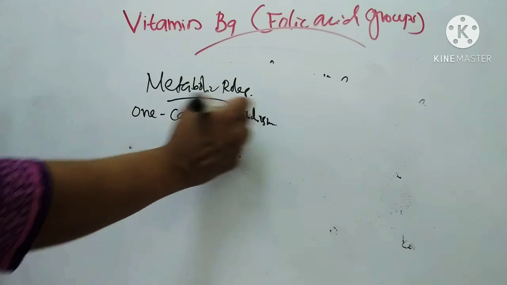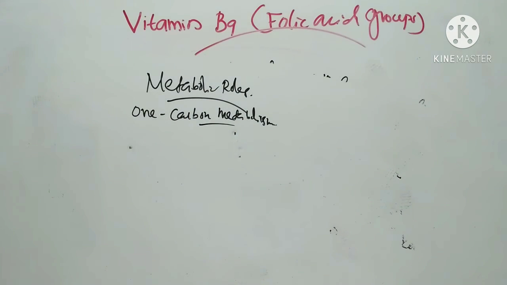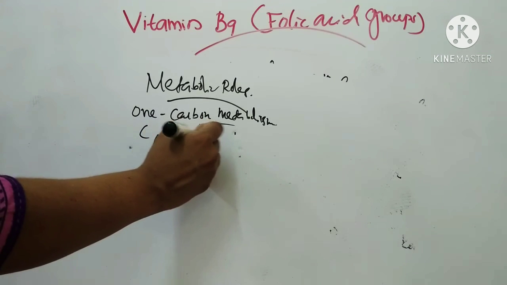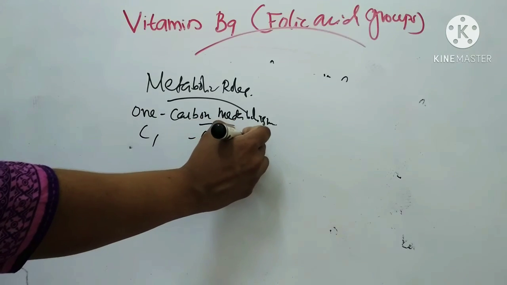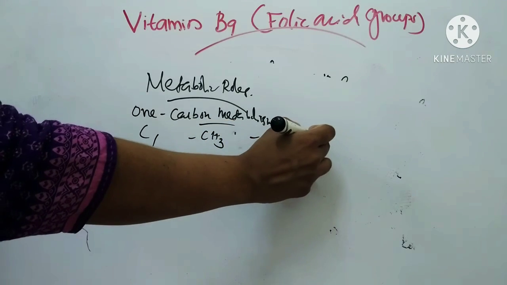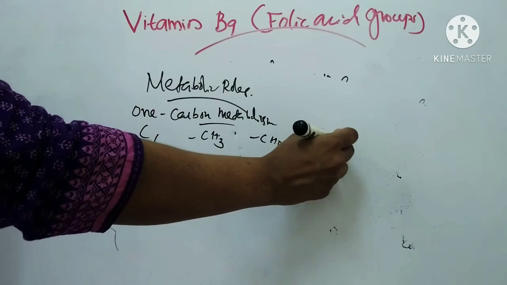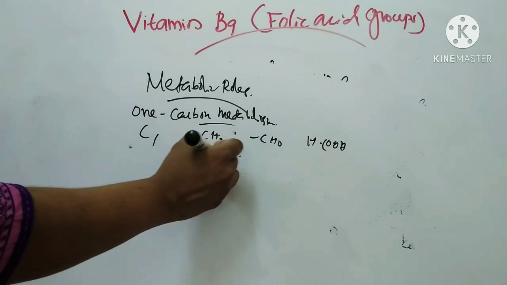The folic acid coenzymes are concerned with metabolic reactions involving the transfer and utilization of one carbon moiety, that is C1. This one carbon moiety may be either methyl, formyl or formate. These are the one carbon moieties.